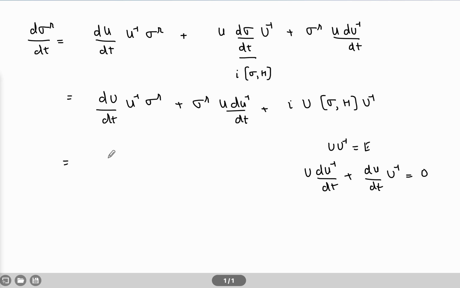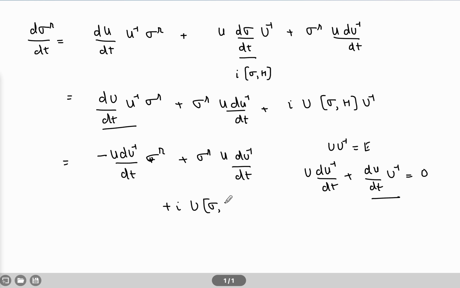So I can write over here minus U dU inverse/dt. So I'm writing this term is equal to negative of that, plus sigma r U dU inverse/dt, and the third term, which is plus I U sigma h U inverse, right?